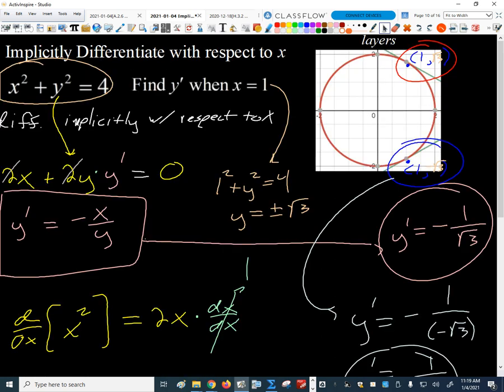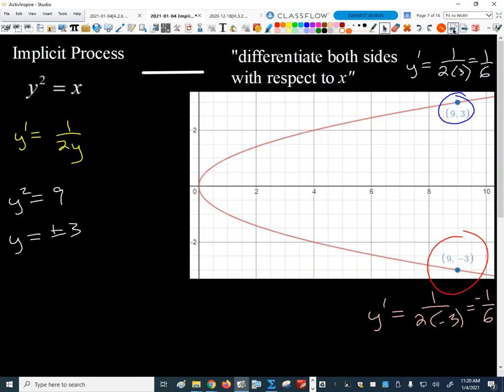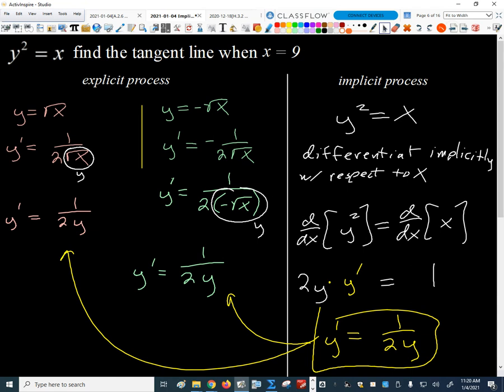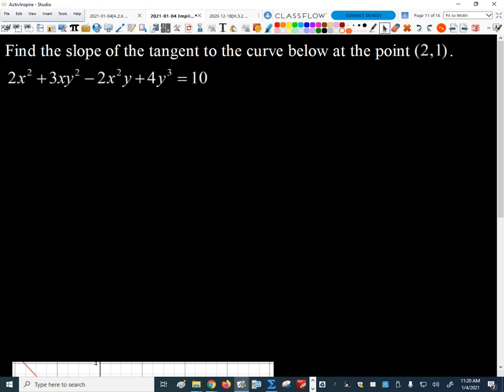When I differentiated that term, I got a y prime. Same thing happened back here. So that's how we're going to get those y primes, is implicitly differentiate with respect to x.